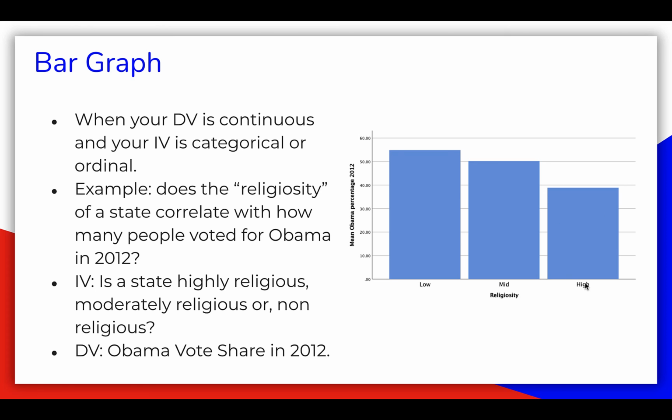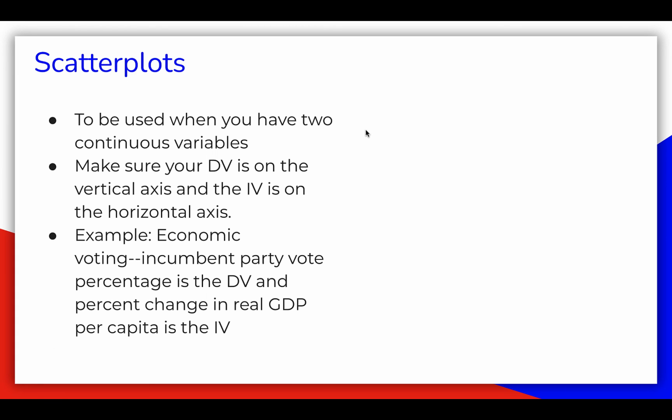And then those states that had really high levels of religiosity were less likely to support Obama in 2012, right? They had lower vote shares for him. Okay, so this is again an example of what this would look like. Your independent variable here is the categories of religiosity along the x-axis, and your dependent variable is the percent vote for Obama along the y-axis.